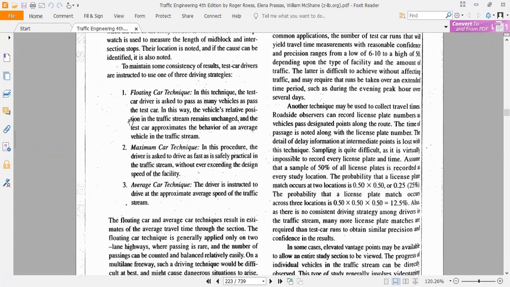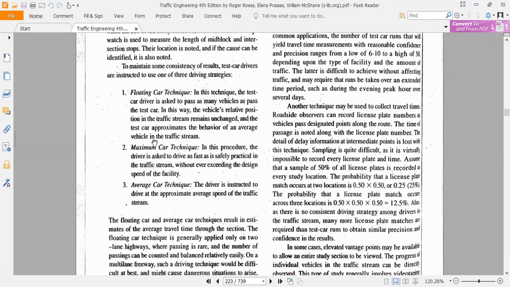If two vehicles overtake him, he must also overtake two vehicles. This ensures the vehicle's relative position in the traffic stream remains unchanged because he is moving along with it. He is in a condition of floating. So the test car approximates the behavior of an average vehicle in the traffic stream.